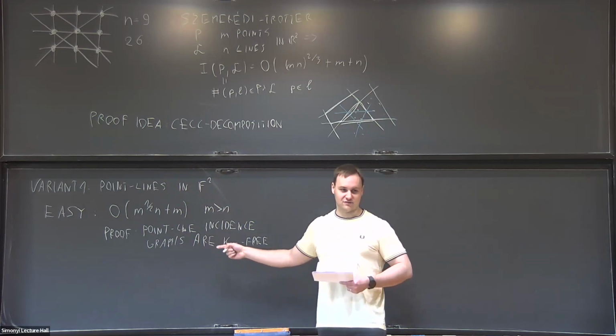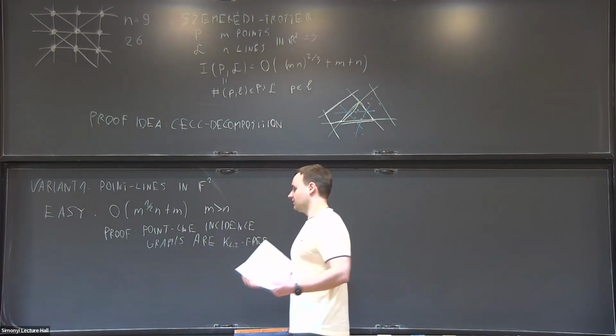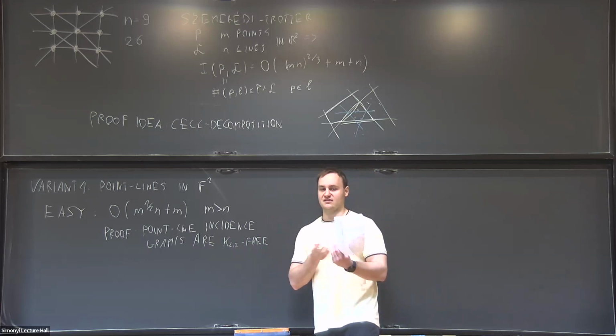Everyone knows what K_{2,2} is. So why is this true? Of course, an existence of K_{2,2} would mean two lines that intersect in two different points.